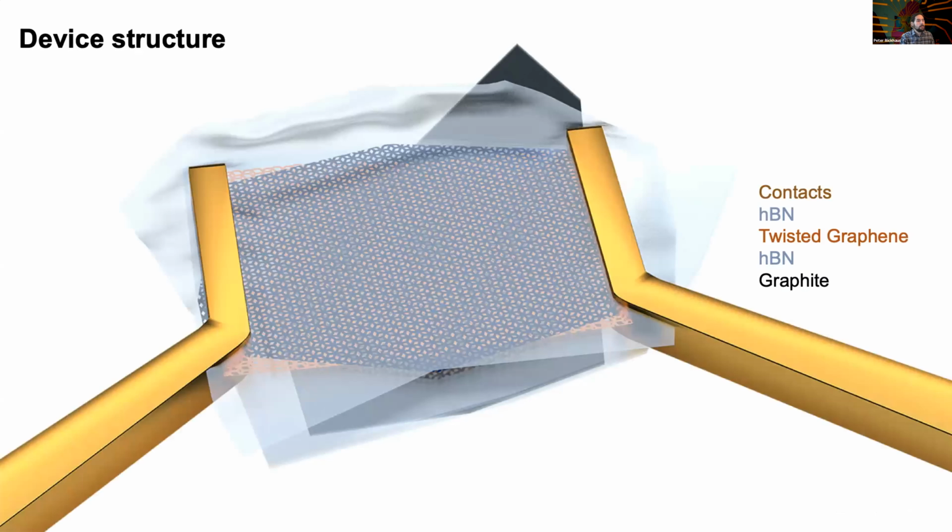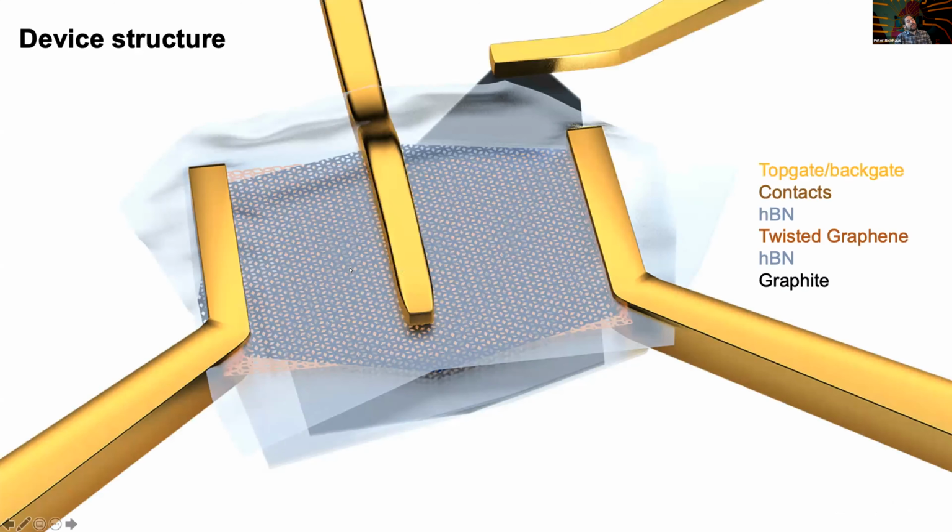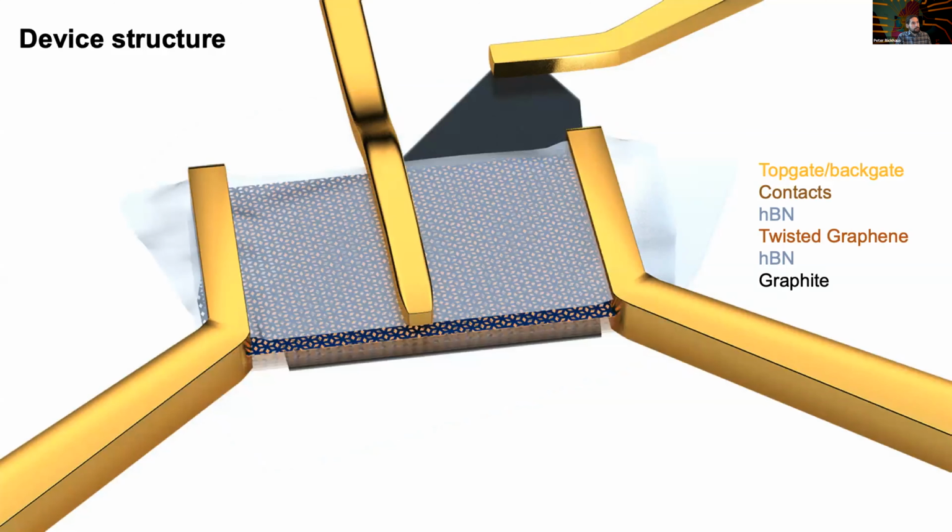Put another boron nitride contact layer, and we contact the entire structure, and then we can measure the current through this device. And now we add gates, so there's a gate electrode to the graphite, and we can have some local gates like this one, and by this we can tune the Fermi energy up and down in the system.